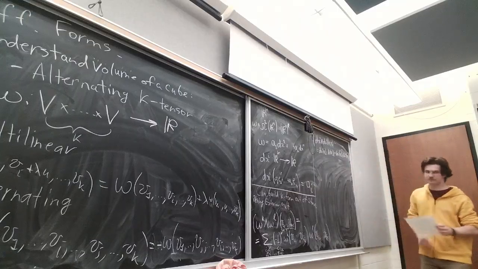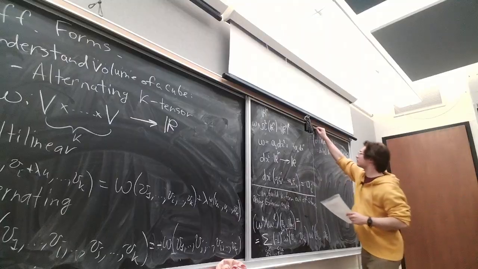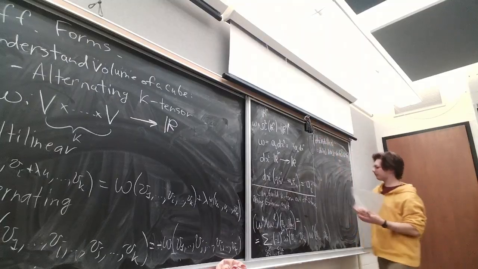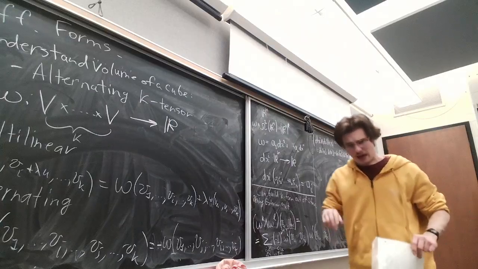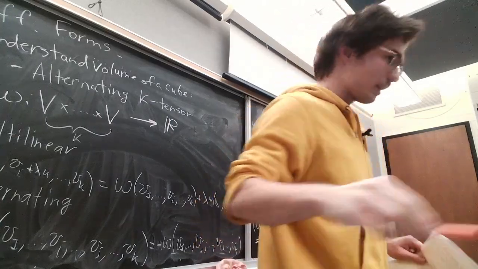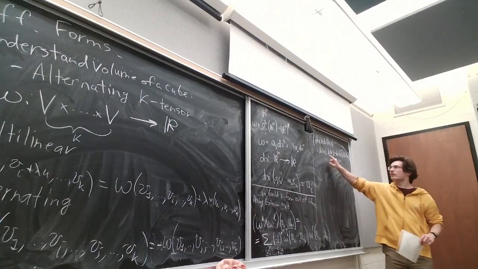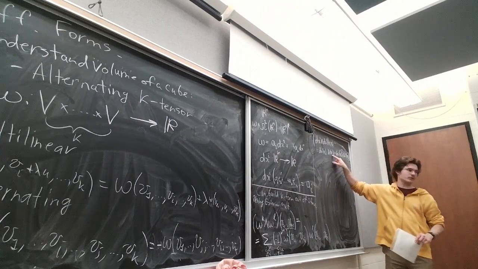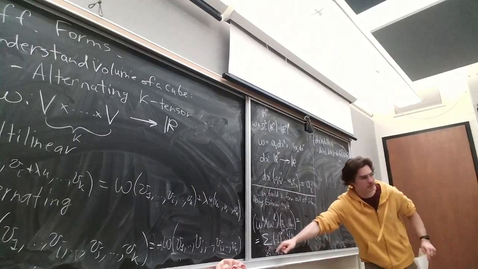Okay? This is kind of an example. So this is just how this exterior multiplication would work on two forms. I take the first one, plug in v1 into it, take the second one, plug in v2 into it, then I permute v1 and v2, right? I pick some other permutation.